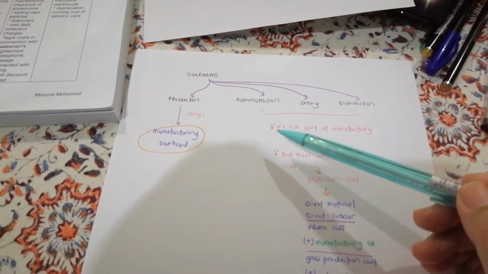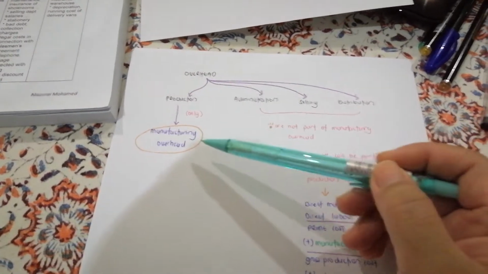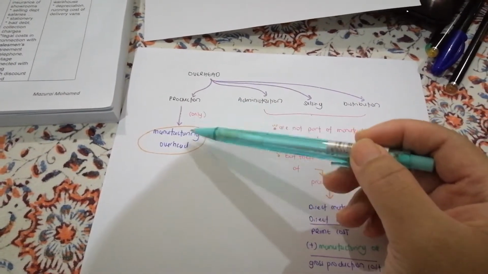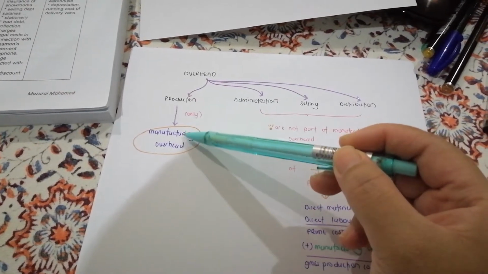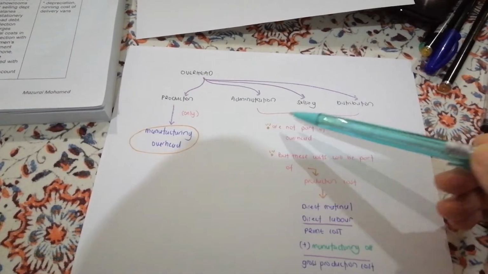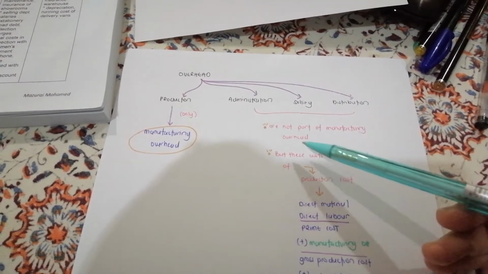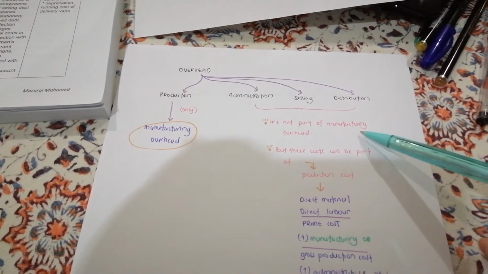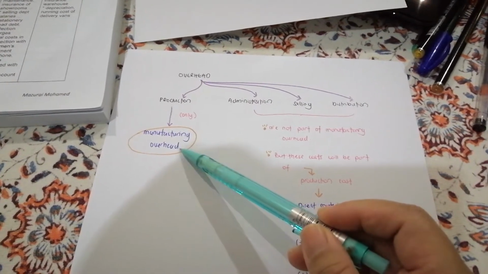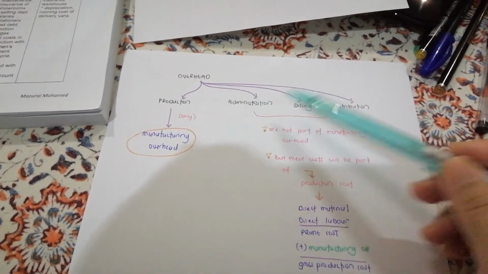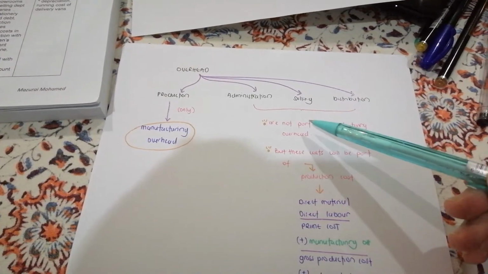What we mean by manufacturing overheads is the overhead that comes from the production department. While the other departments are not part of the manufacturing overheads.